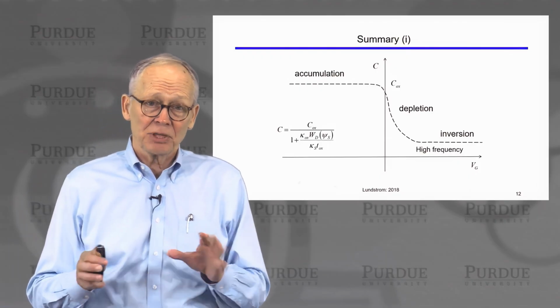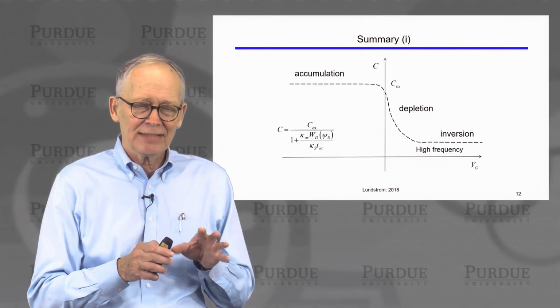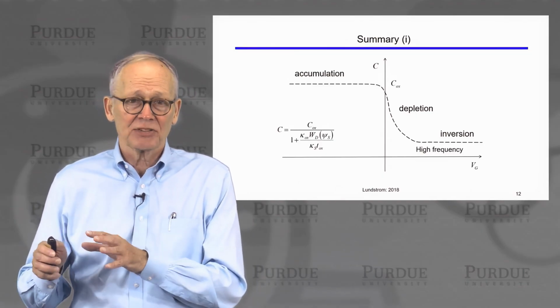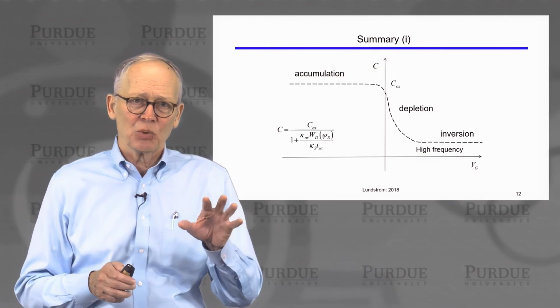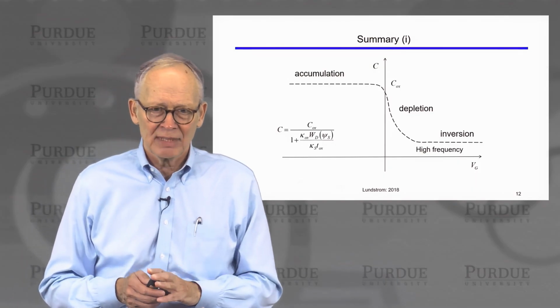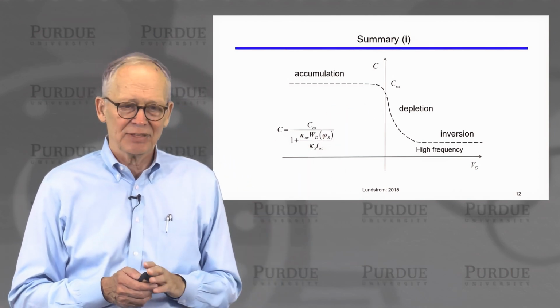All right, so let's just summarize. We won't really need to discuss CV measurements to understand how MOSFETs operate, but it's such a widely used characterization tool that we want to be aware of it. So let me just summarize what we've learned about CV measurements.